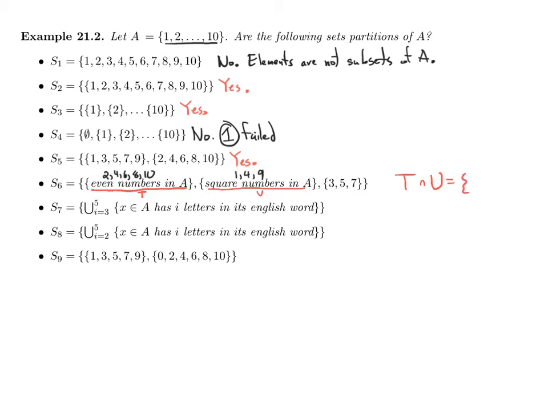It has the element 4. It's in both sets. It's both a square number and an even number. So that's not good. That means this is not a partition. We didn't break up the set into separate chunks. 4 is shared between these 2 chunks, so it's not a partition. So no, because condition 2 failed.